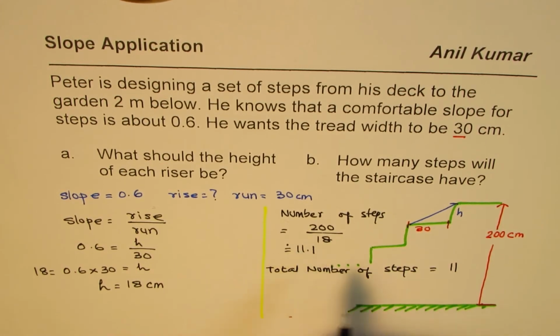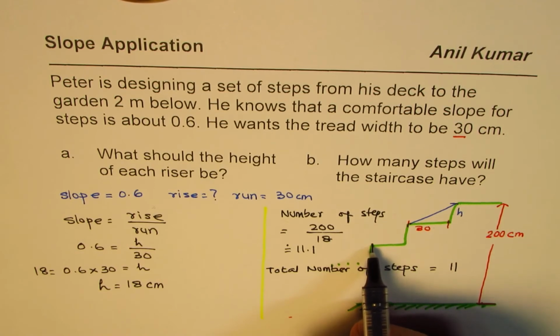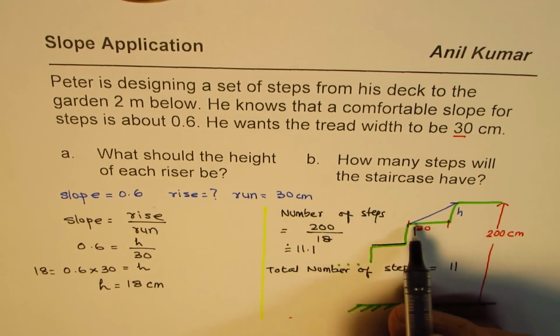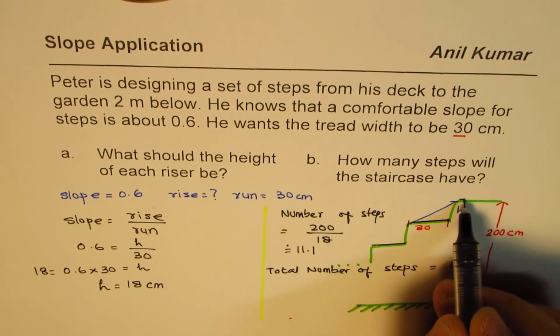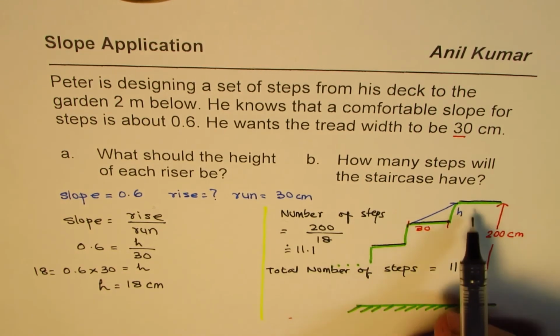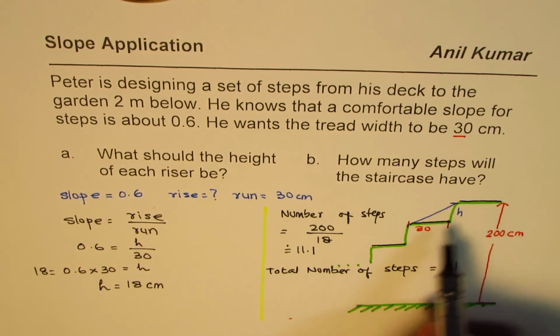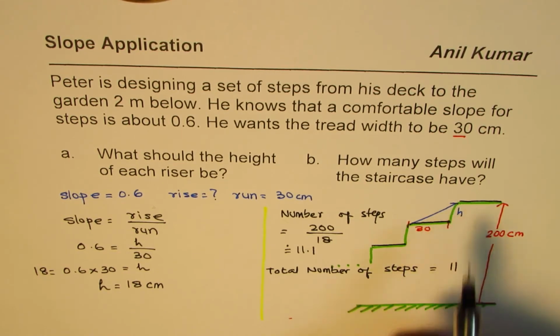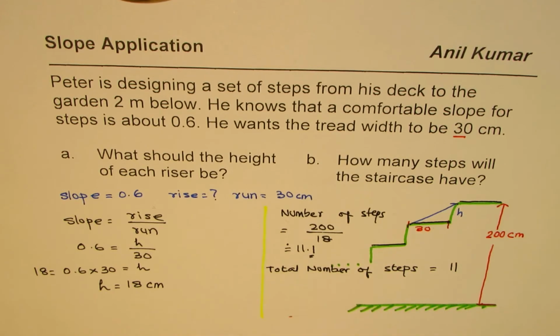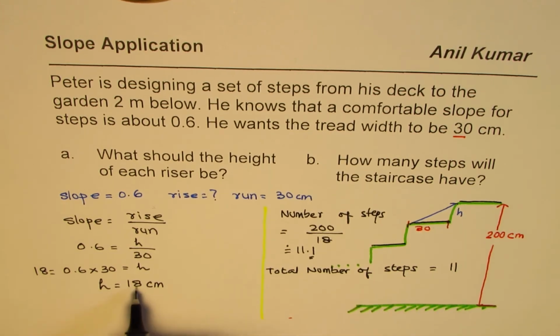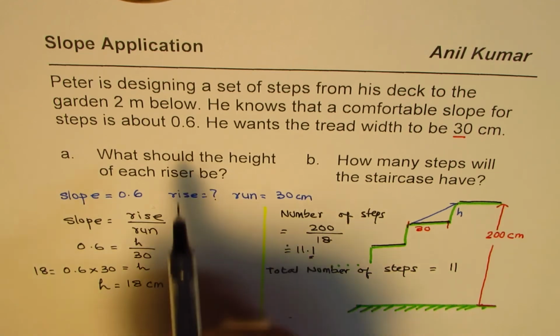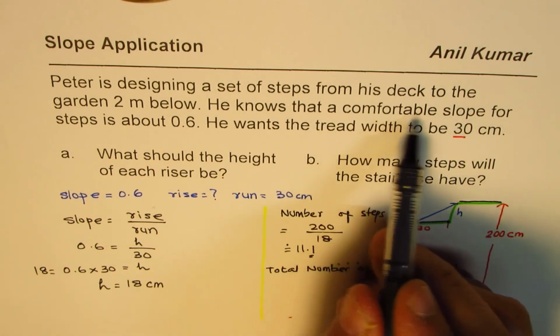And that 0.1, if you actually make steps, you do have some cement, something to fix it upon, right? So we'll assume that the material used in between to fix it will take care of this 0.1. And so we are good with the height of 18 centimeters, and it does satisfy the criteria for a comfortable slope.